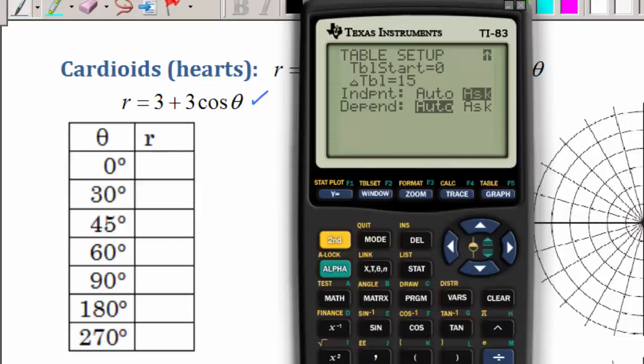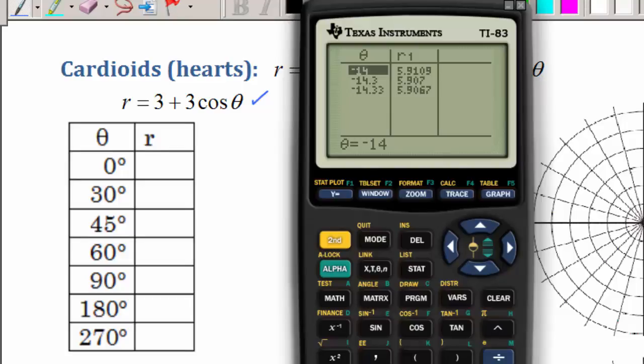Okay, so if I go to table, I want 0, I want 30, because remember I am in degree mode, 45, 60, 90, 180.